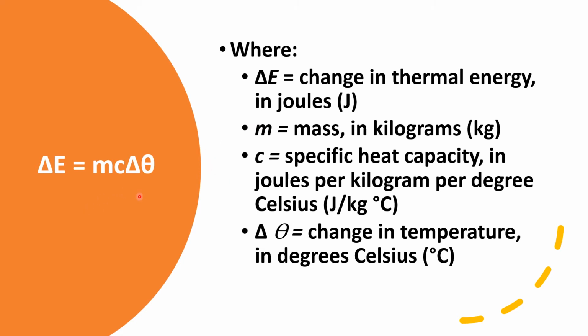And the C over here states that it is specific heat capacity in joules per kilogram per degree Celsius. And triangle theta, in which this kind of weird O actually has a name, it's known as theta, is equal to the change in temperature in degrees Celsius. So that's that formula, and I do advise you to write it down, as you will need to memorize it for your exams.